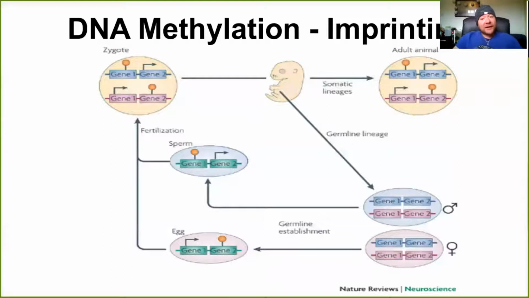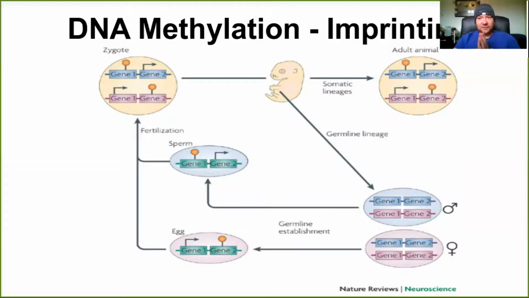Which leads me to imprinting. There are certain genes you will get from your mother, certain other versions of the genes you will get from your father. So you will get one set of genes from your mother, one from your father. They have the same genes. They might be different alleles, but they're the same genes.